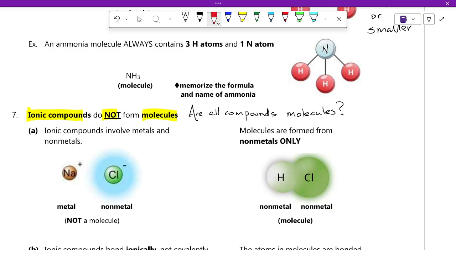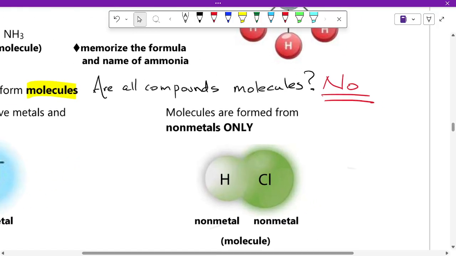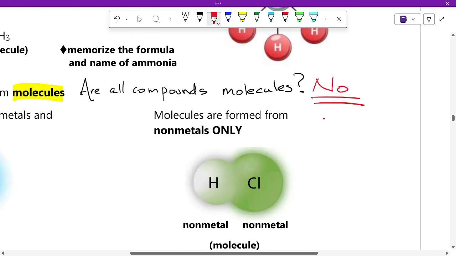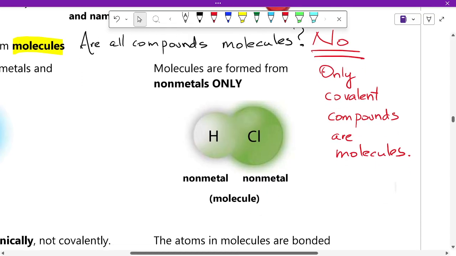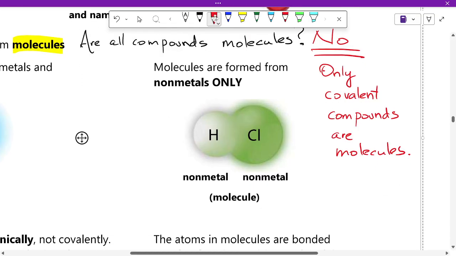So the answer is no. Ionic compounds are crystal lattices. Okay, only covalent compounds are molecules.